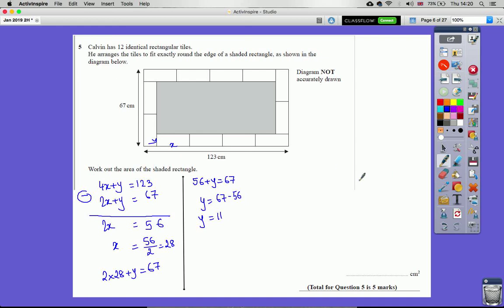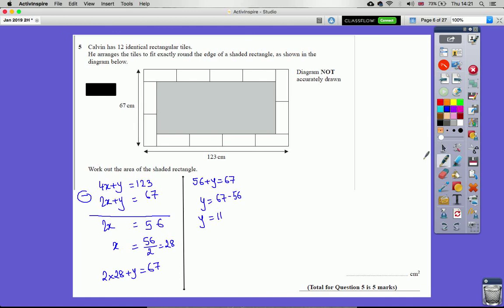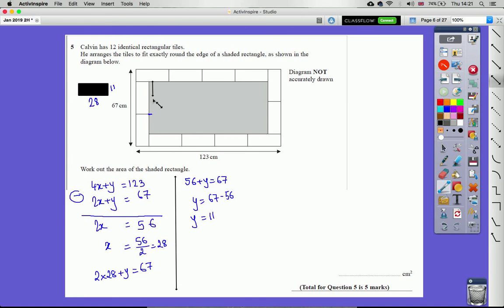So I have got the length and the width of the rectangle that's surrounding this shaded part. So if I take one of these rectangles now, I know that the length is 28 centimeters and the width is 11. Now you can see in this part, if I look at the inner part, this particular length from here to here is 28 centimeters.